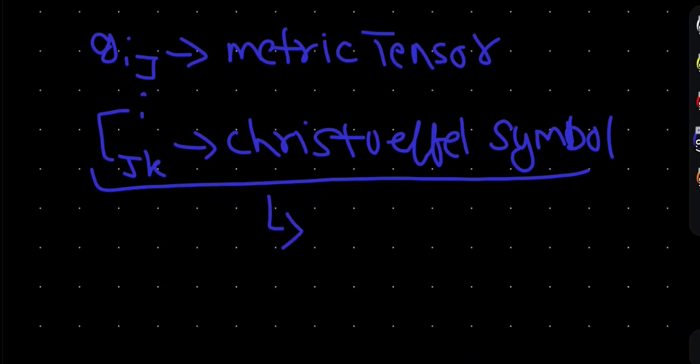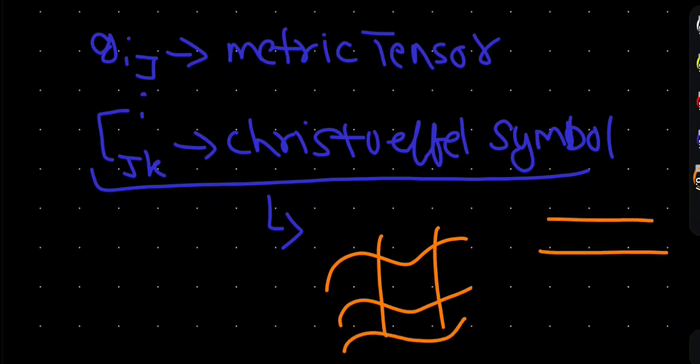The Christoffel symbol is used because when we move on a curved surface, you can imagine that this is our surface. It's just curved, not a straight line like what we usually deal with in real life. When we move on the curved surface, your basis vector changes from point to point.